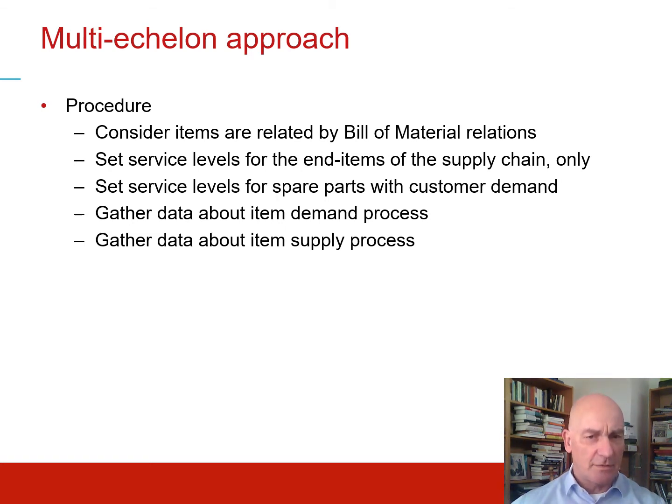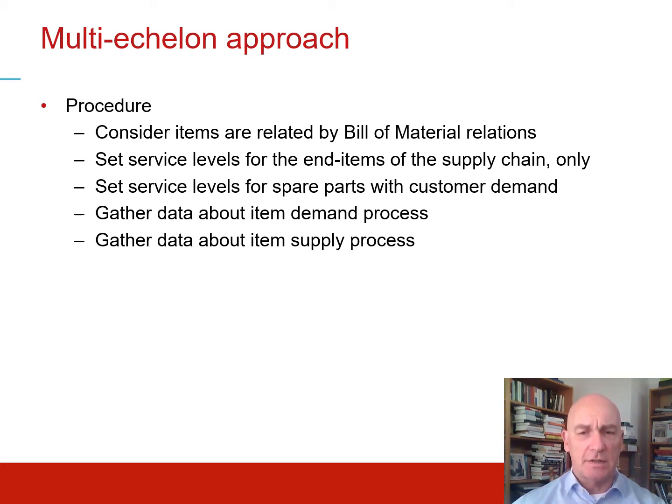And we do the same for the item supply processes, although here we have to be careful. As we take into account explicitly the relationships between items, parent items and maybe multiple child items, it implies that part of the uncertainty in supply on an individual item level, the fact that the child item is not available, has already been taken into account.